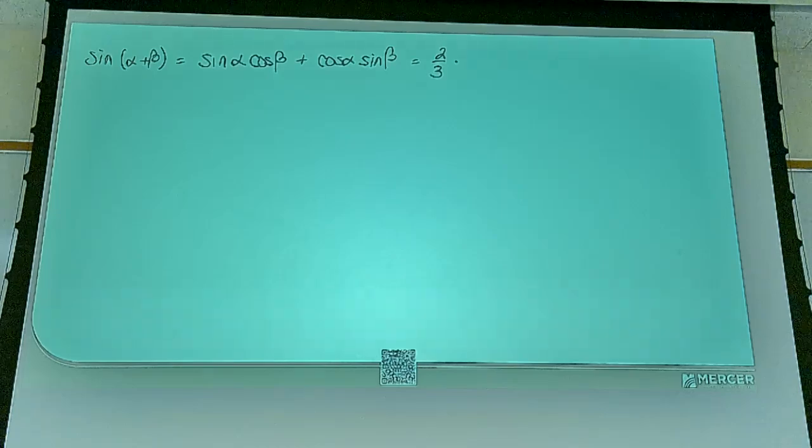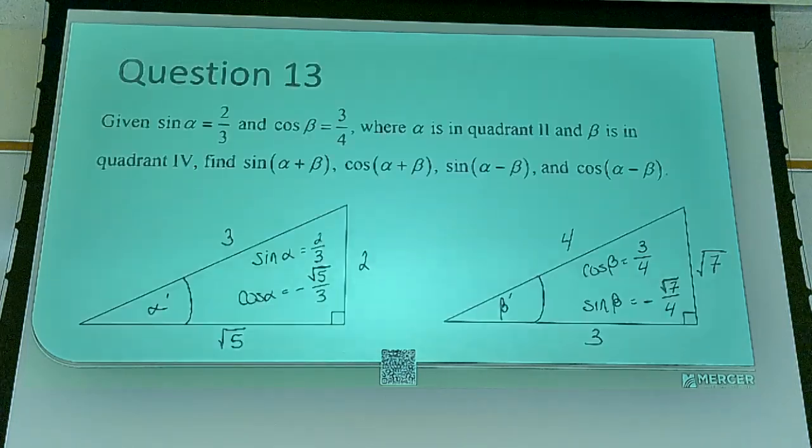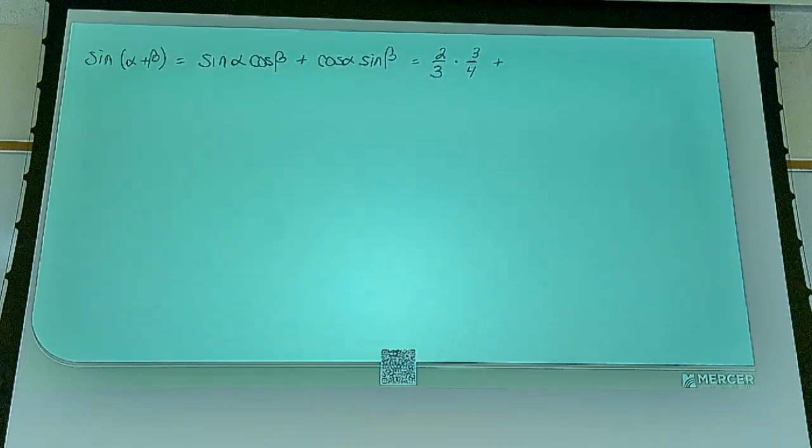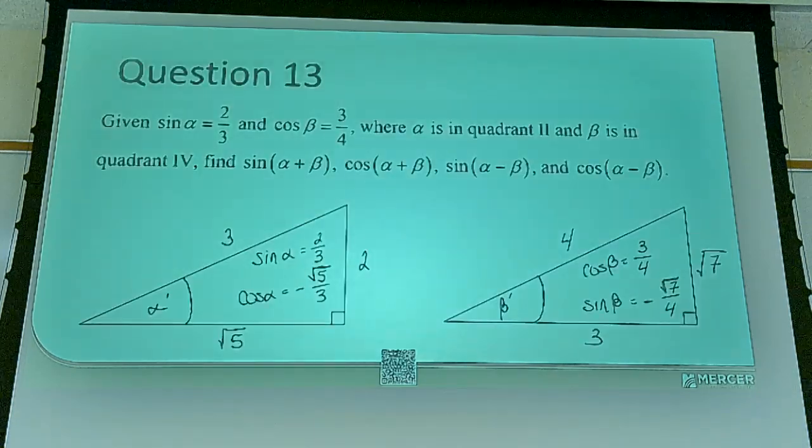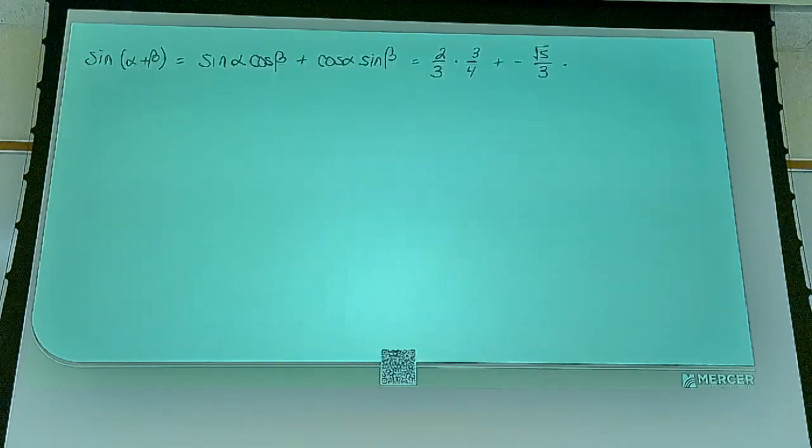Cosine beta was given to us as 3/4. We said cosine of alpha was what? Negative root 5 over 3. And sine of beta is negative root 7 over 4.